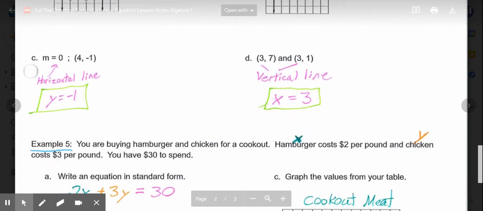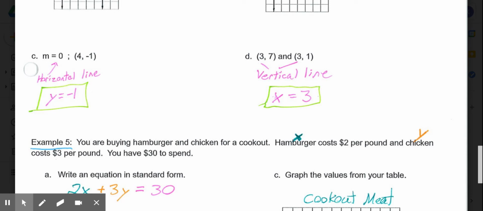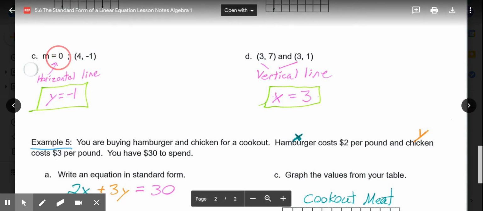So then if we give ourselves some info, if you're ever told your slope is 0, so if m ever equals 0, that tells me it's a horizontal line, meaning it's just going to be y equals the y value. So my y value is negative 1, so it would be y equals negative 1 for that equation.